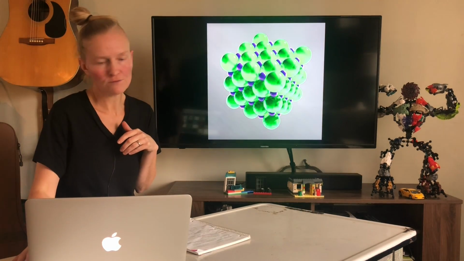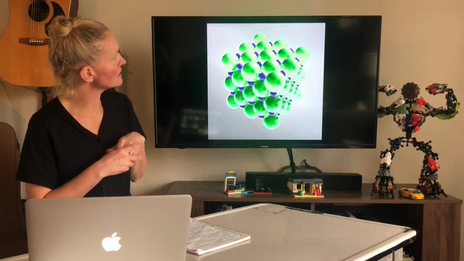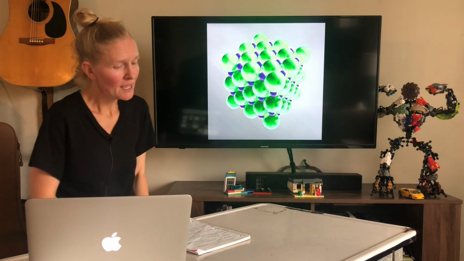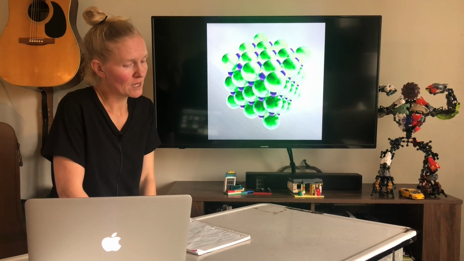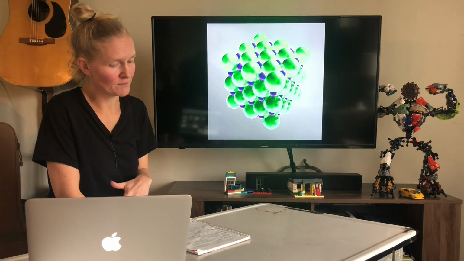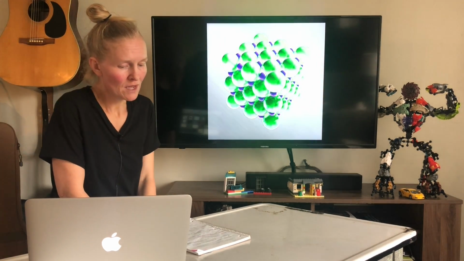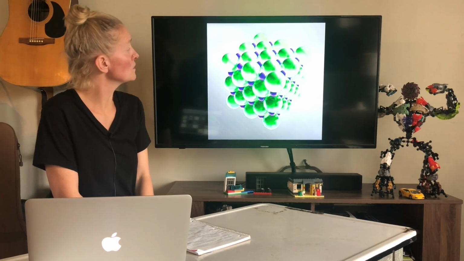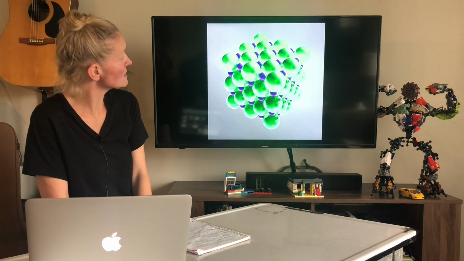And then we have the substance salt. Salt is a binary compound as well, and it is made up of two elements. We have the chlorine and the sodium element, and together they form sodium chloride, which we all know as salt. It's table salt.